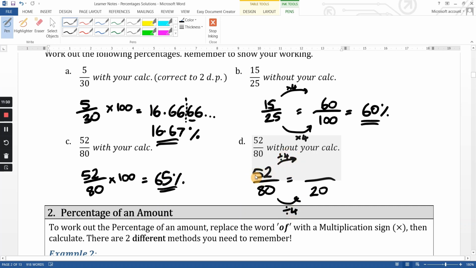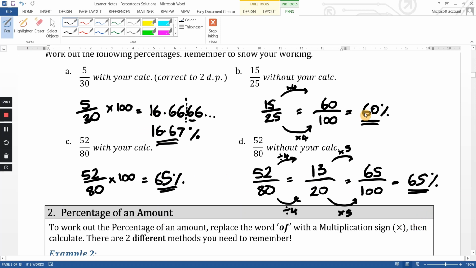How many 4s go into that? That's going to be 1 and a 3, so that's 13. And then going from 20 to 100, I'll have to times by 5. Yep, so I'll have to do the same to that. And if you're not sure, if you can't do this in your head, just do it on the side. But it should be 65. Yeah, which is 65%. So we get the same answer.